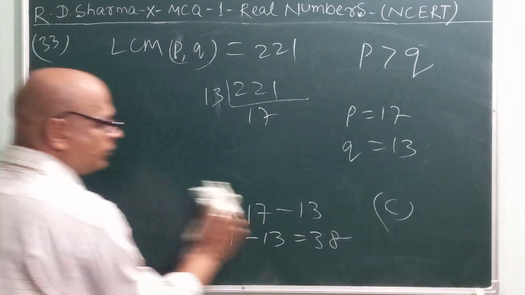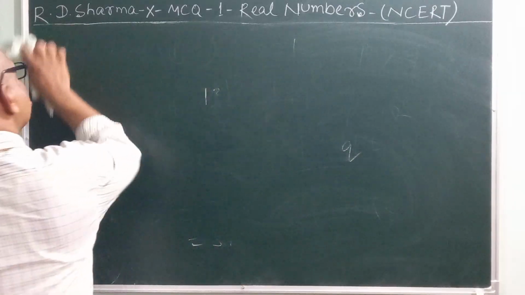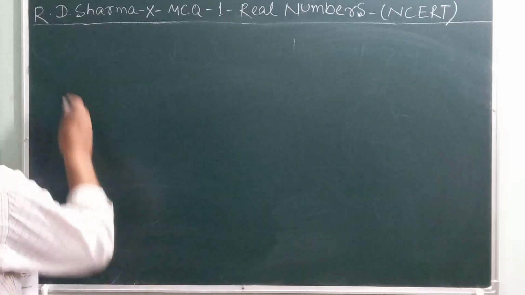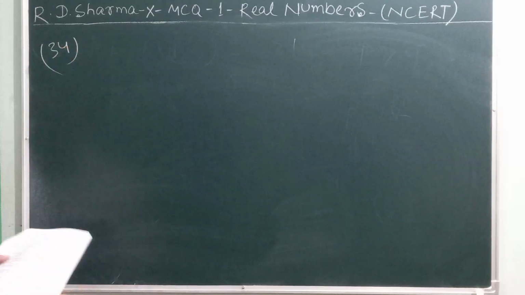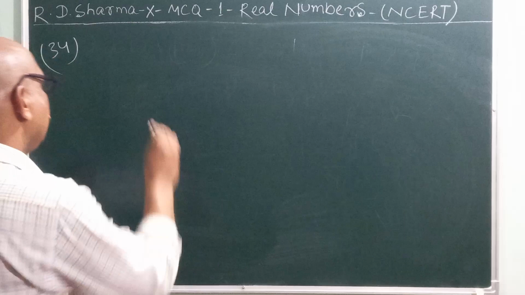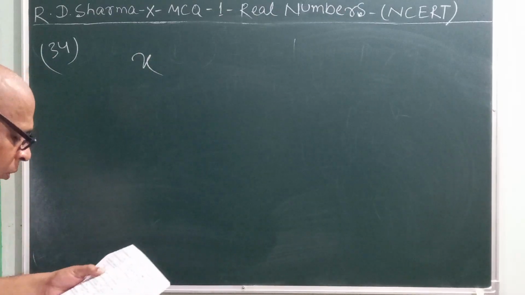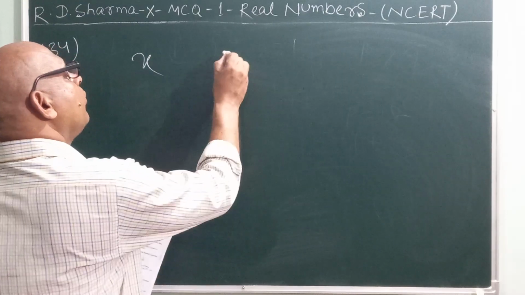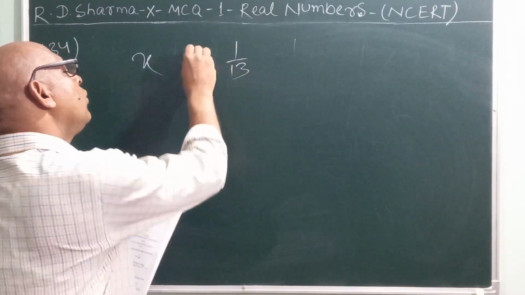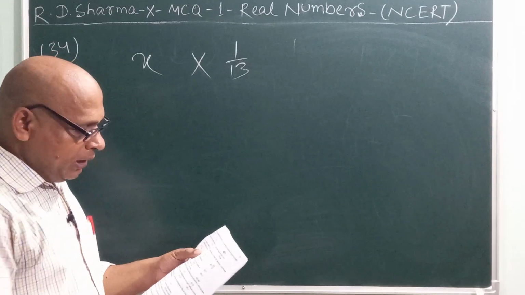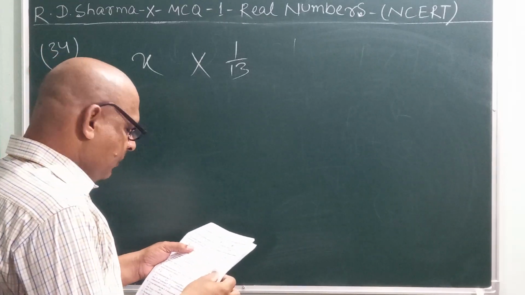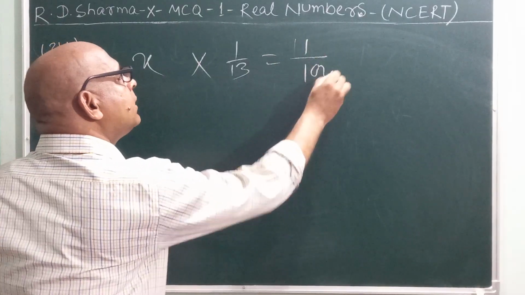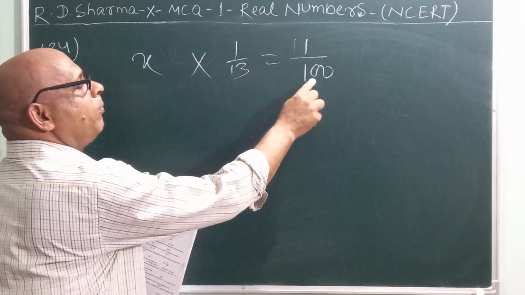Next, 34. The smallest number by which 1 by 13 should be multiplied so that its decimal expansion terminates after 2 places.